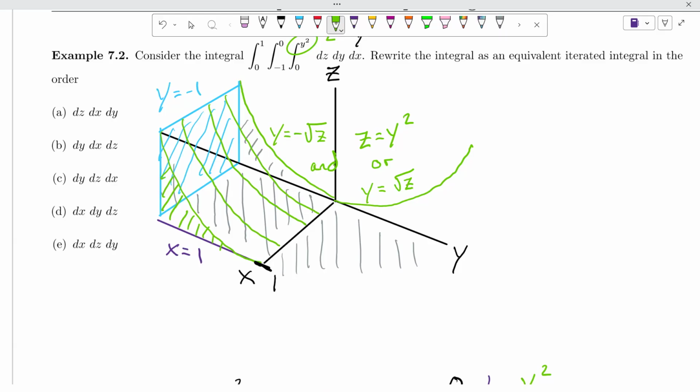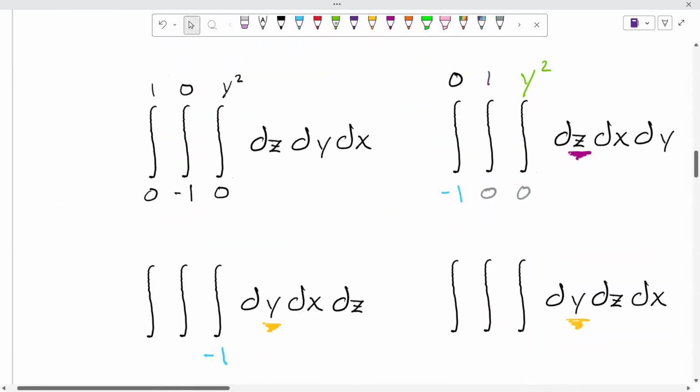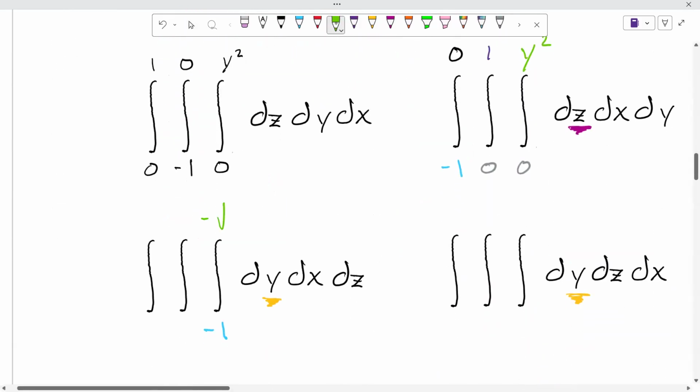So if I want to write this thing as a function of y, I'll need both a positive and a negative square root. And because we're going to be exiting out the left half of the coordinate space, right? The parabolic cylinder I'm interested in is over there on the left of the xz plane, on the left half of that y-axis. So my upper limit should be the negative square root of z.